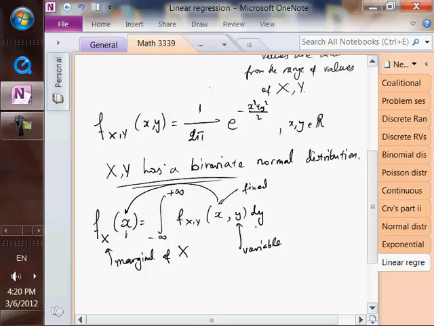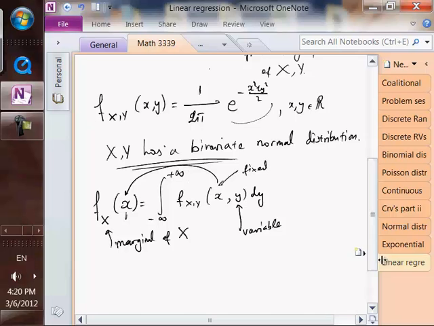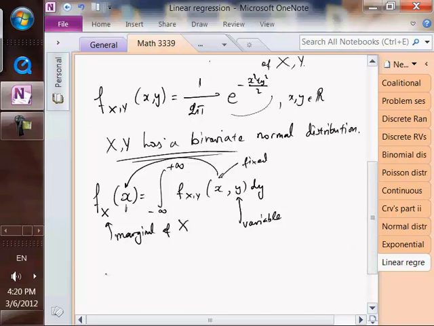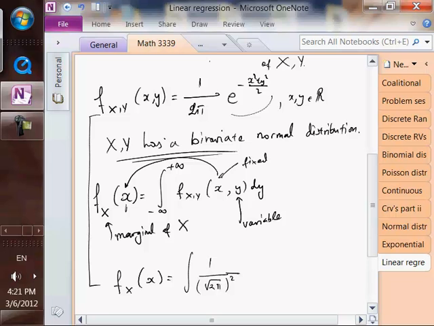Now that's single integration. So what would that amount to here? It would amount to fixing x and integrating with respect to y only. And that's actually quite easy here. Let me do it. So that's my immediate application. I write the square root, I write 2π as the square root squared, and you will see why I'm doing this.